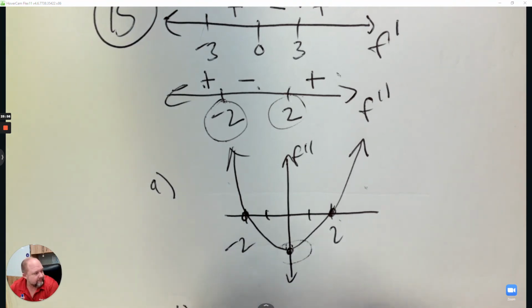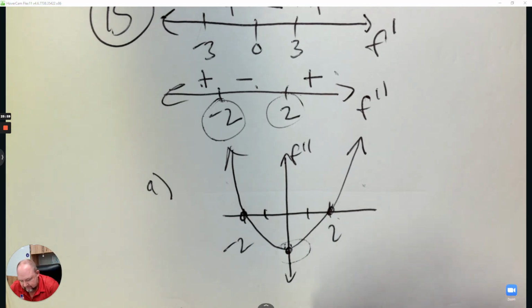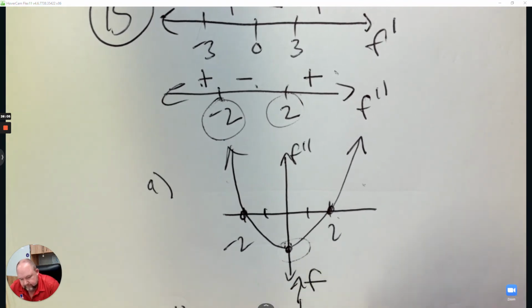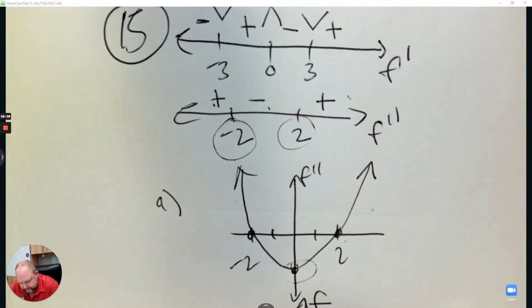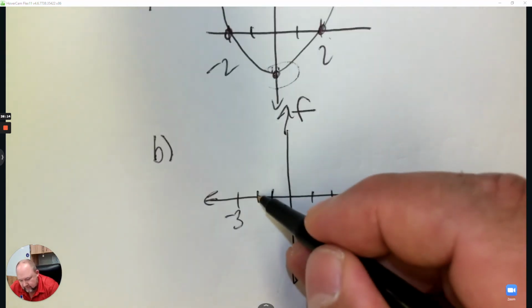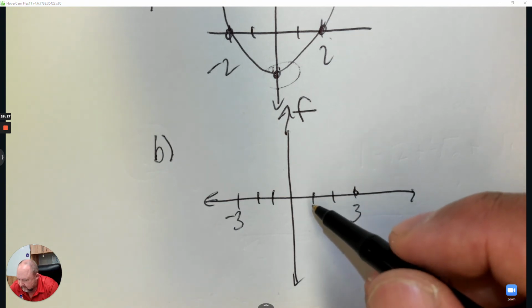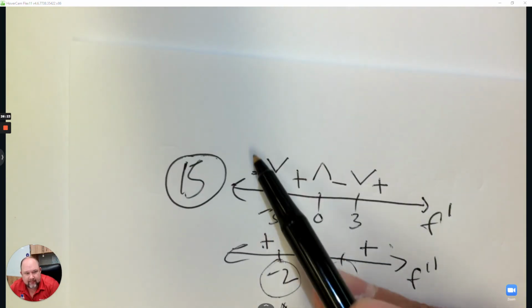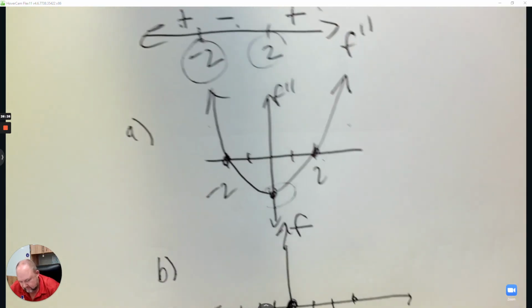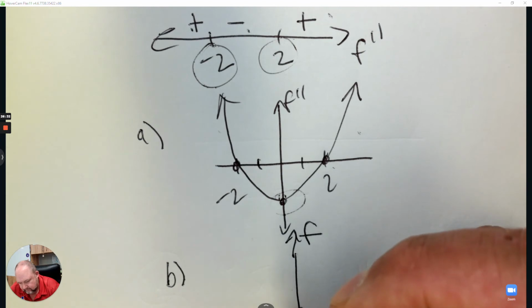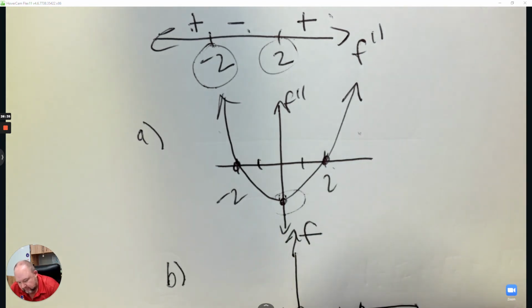For B, it says graph the function. So I'm going to use -3, I'm going to use 0, I'm going to use +3, and I'm going to use -2 and +2. And it says it passes through the origin. So I know, I'm going to look here, it decreases and then increases. So this is a maximum.